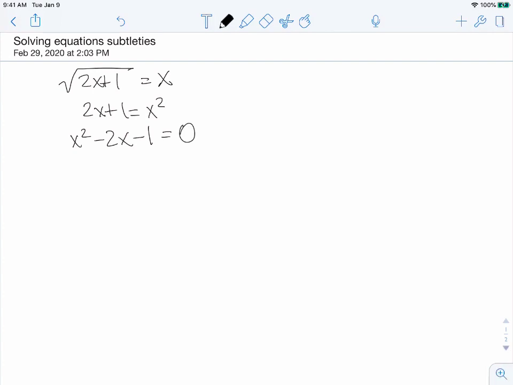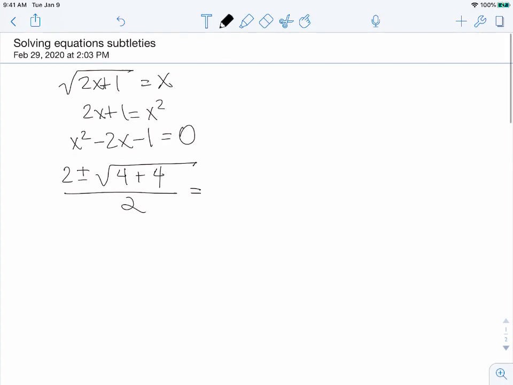We solve for the roots using the quadratic formula: 2 plus or minus the square root of 4 minus 4 times negative 1, that makes it plus 4, over 2, equals 2 plus or minus 2 radical 2 over 2, equals 1 plus or minus radical 2.